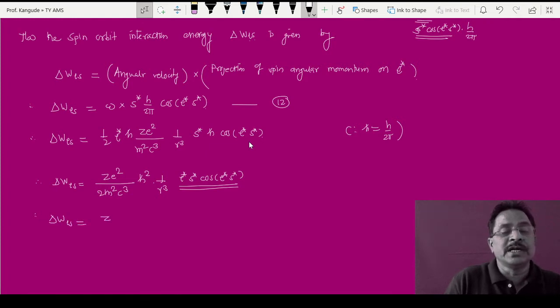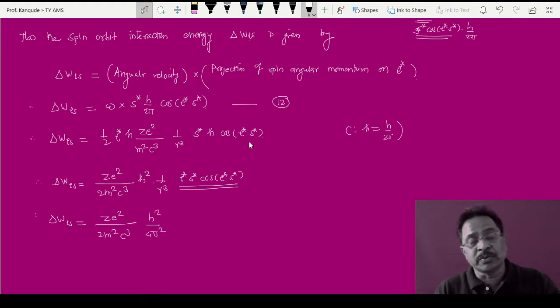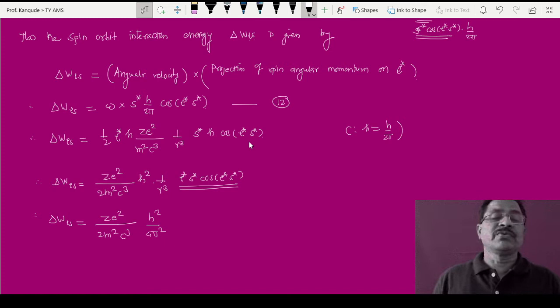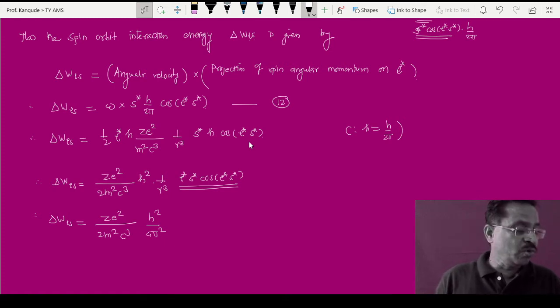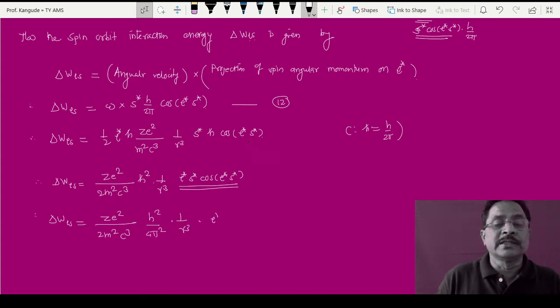So it is Z into e square divided by twice m square c cube into h square upon 4 pi square, since h cross is h upon twice pi, therefore h cross square is h square upon 4 pi square, into 1 upon r cube multiplied by L star into S star into cosine of the angle between L star and S star. Call this equation number 13.